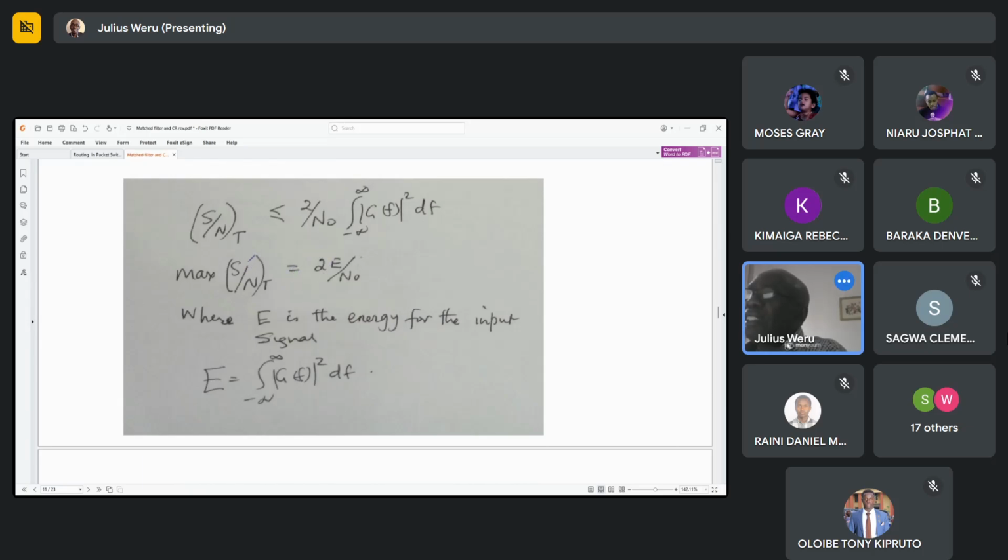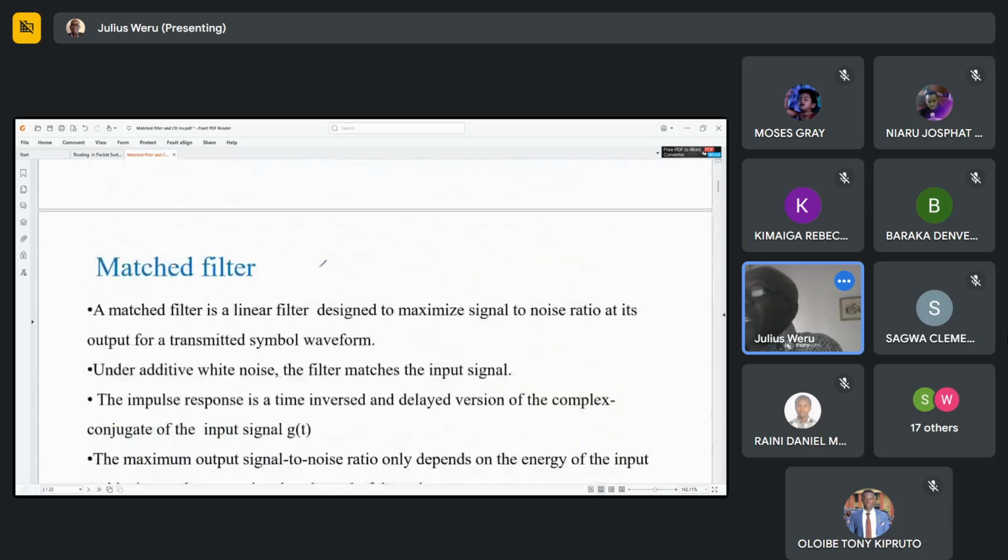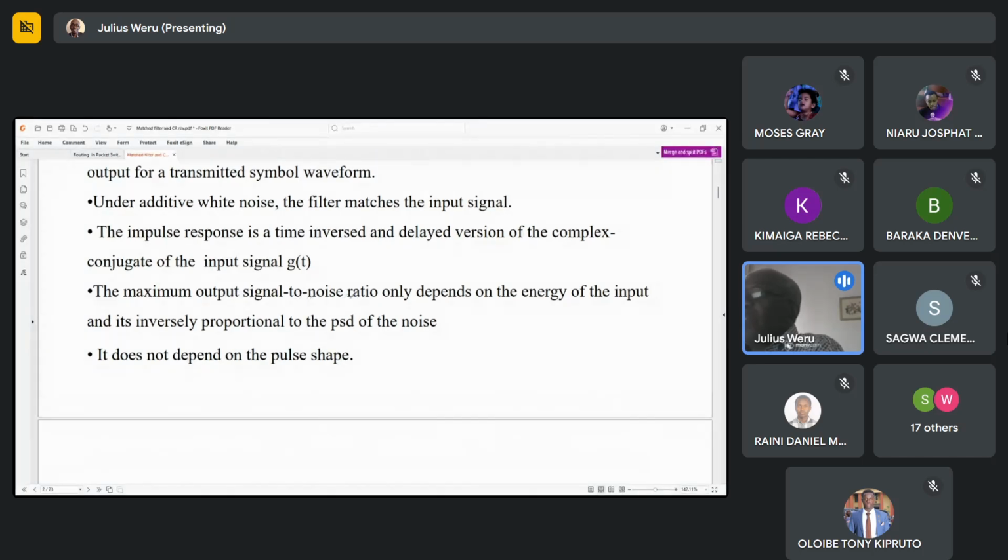We are saying that the maximum signal to noise ratio only depends on the energy of the signal and is inversely proportional to the power spectral density of the noise. I think that's one of the things we had observed at the beginning. The maximum output signal to noise ratio only depends on the energy of the input and is inversely proportional to the PSD of the noise.